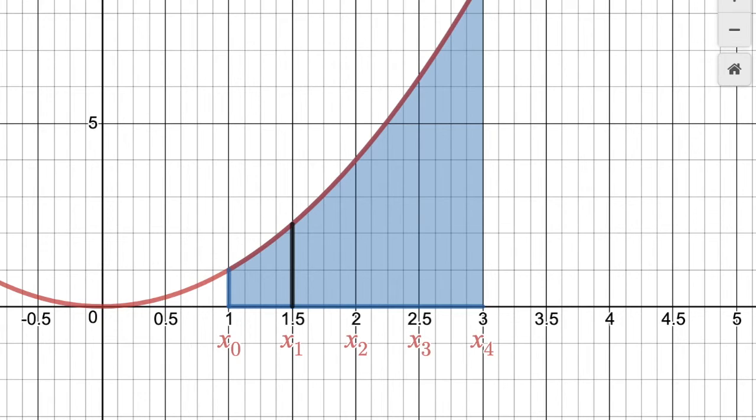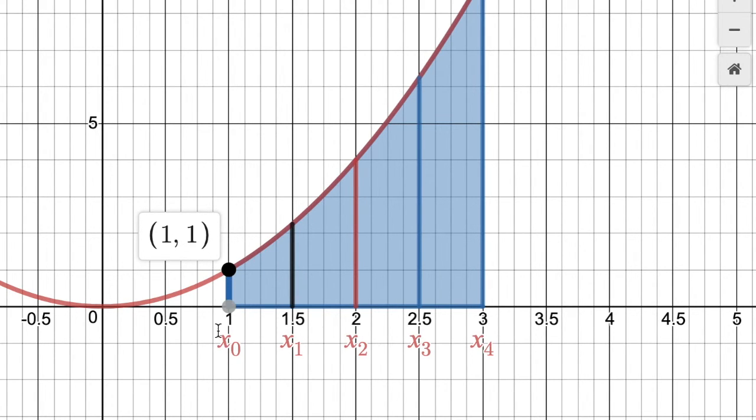Now this time I didn't draw the lines parallel to the x-axis. If I want to do L4, the area of each one will be 1/2 times the height.